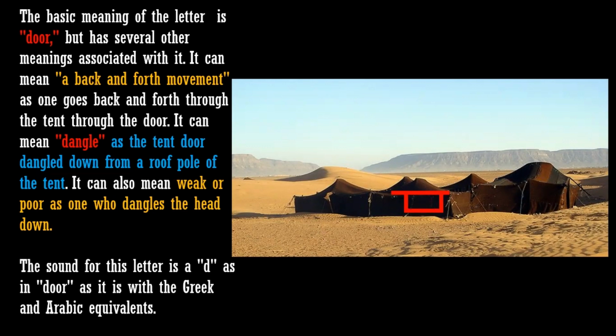It can also mean weak or poor, as one who dangles the head down. The sound for this letter is a D sound, as in door, as it is with the Greek and Arabic equivalents. They also have the same pronunciation.